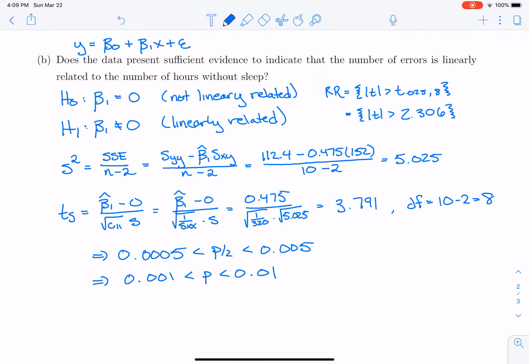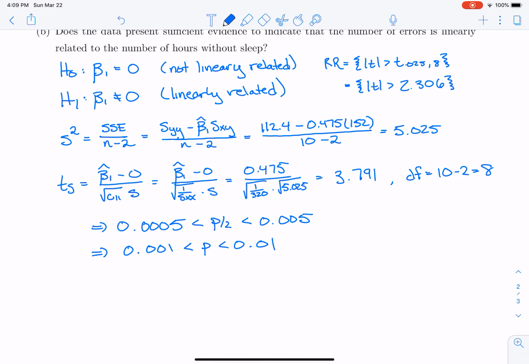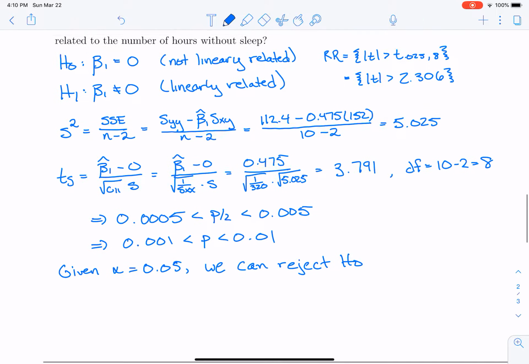So if we're given a particular alpha value, say 0.05, we can reject the null hypothesis. Okay, what does that mean?